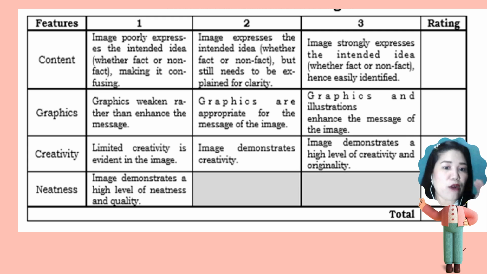And now, next we have the neatness in features. You will get 1 point if the image demonstrates a high level of neatness and quality. So, you will have the total of 10 points if you get the last column of the features.